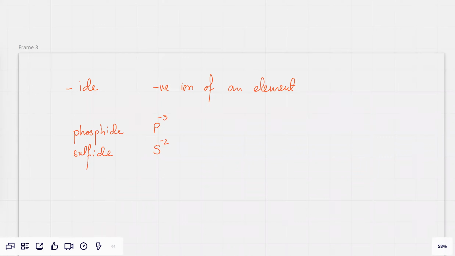If I write bromide, so bromide is going to be Br and it's in group 17, so it's going to have a charge of -1. If I write carbide, then it's going to be just C and it's in group 4, so it's going to be -4. Okay, is this point clear? Yes. Okay, and just to differentiate, this is not phosphate or phosphite.